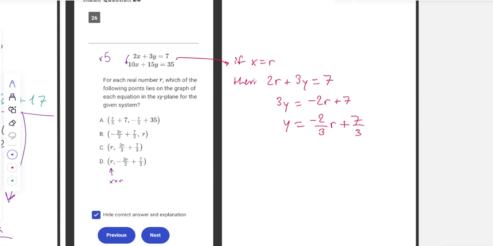So we have x is equal to r, and y is equal to negative 2/3 r plus 7/3. Where did I go wrong? Because it doesn't seem to match with any of these answer choices.